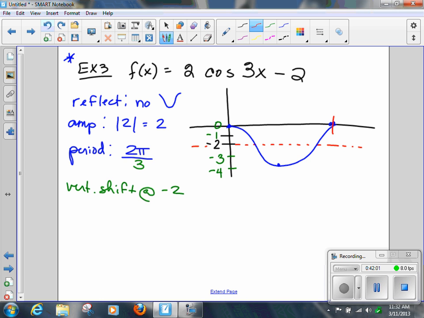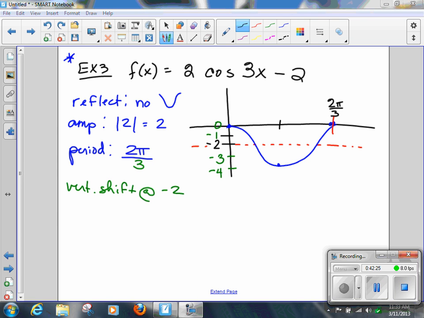One period is what? 2 pi over 3. How am I going to figure out what the halfway point is? Fraction multiplication.